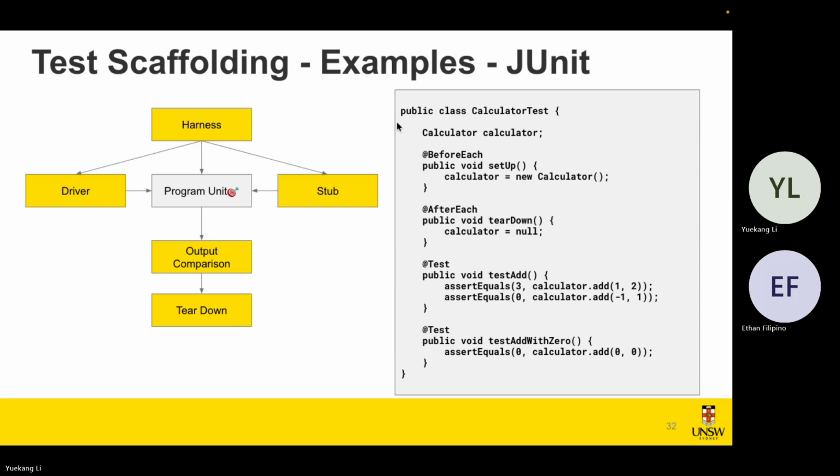So for JUnit, let's try to identify the different structures here. You see this at sign here is an annotation of the function. It means that before each test, this function is invoked.